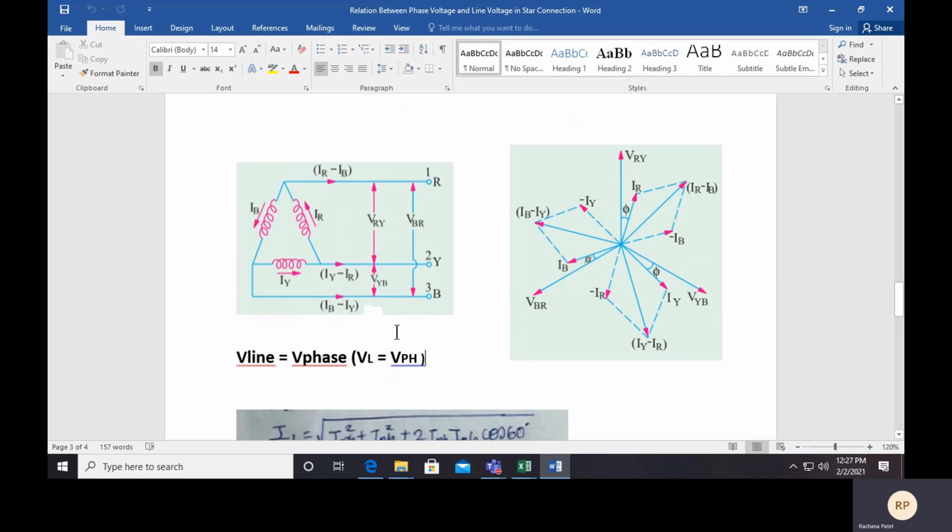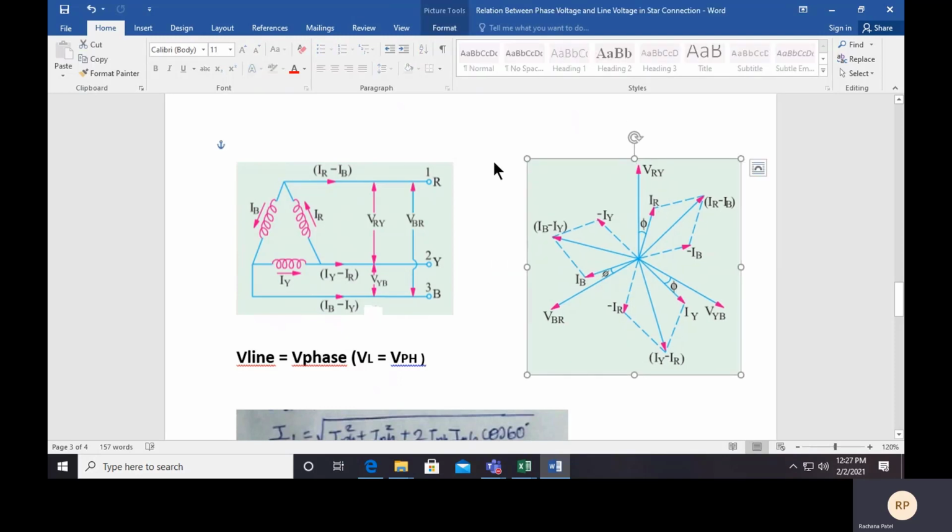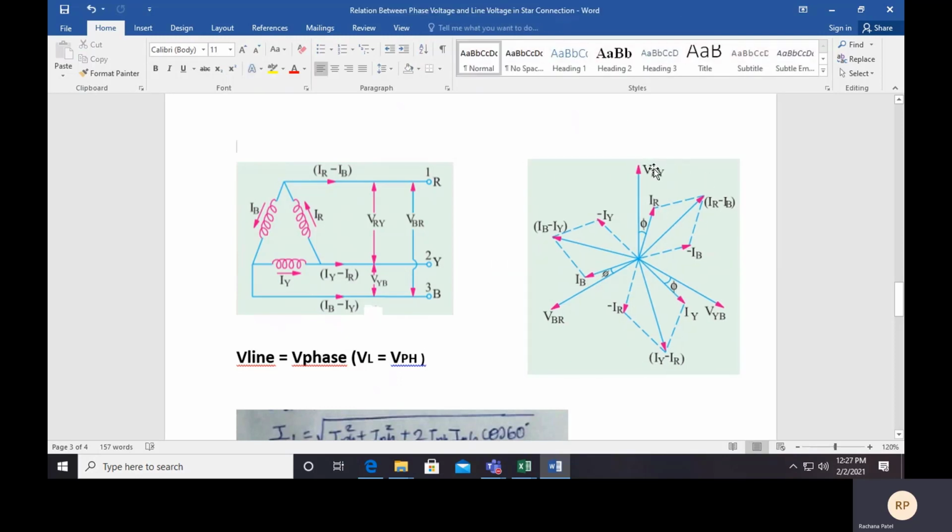Further, just like the previous case, we need to draw its phasor representation. By assuming lagging current, this is the position of IR. There is no change between line voltage and phase voltage, so either you can say line voltage or phase voltage over here. So this is the position for that. Position of IR, IY and IB, second step.